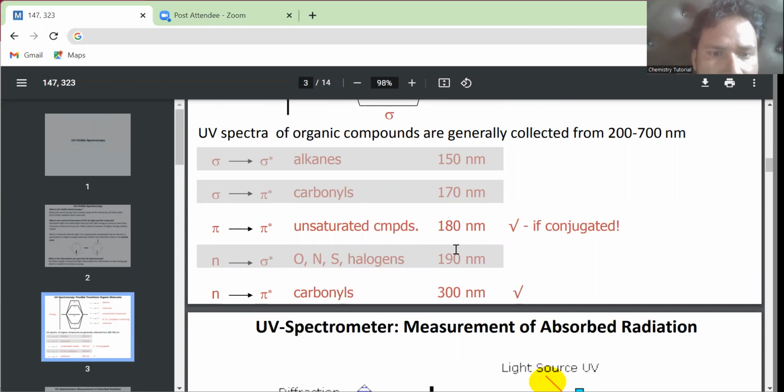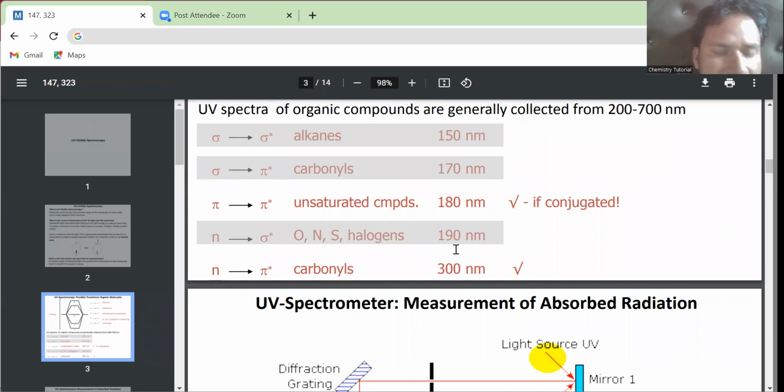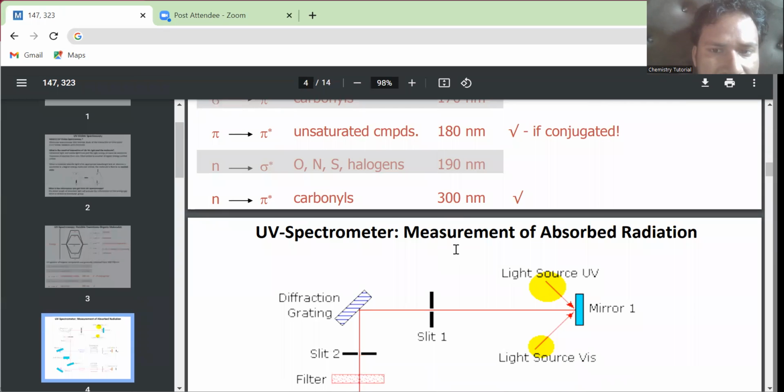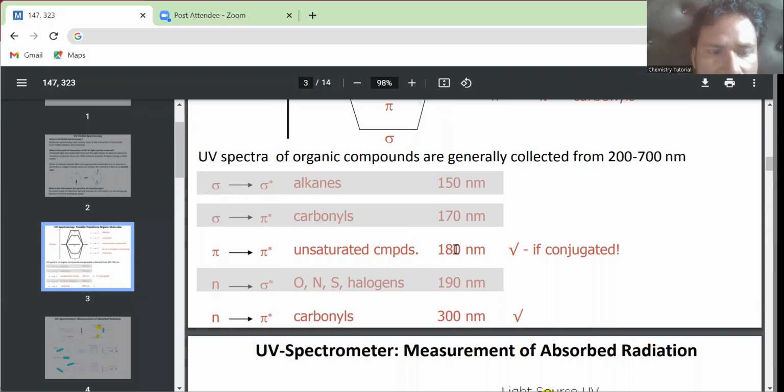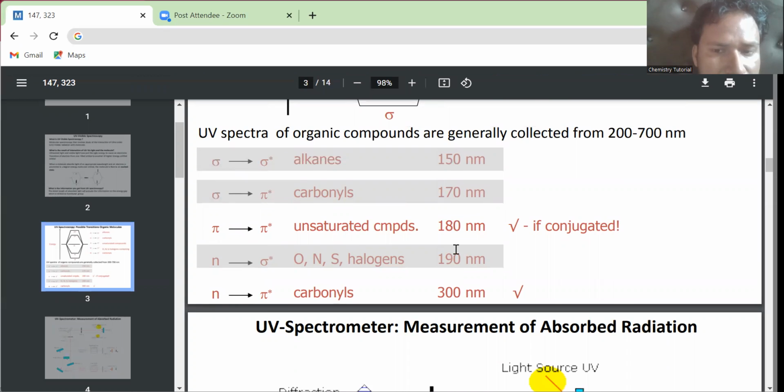Pi to pi star occurs in unsaturated compounds, at about 180 nm. Non-bonding to sigma star occurs with oxygen, nitrogen, sulfur, and halogens, meaning heteroatoms present in the molecules, at about 190 nm. Non-bonding to pi star occurs in carbonyls, at about 300 nm.